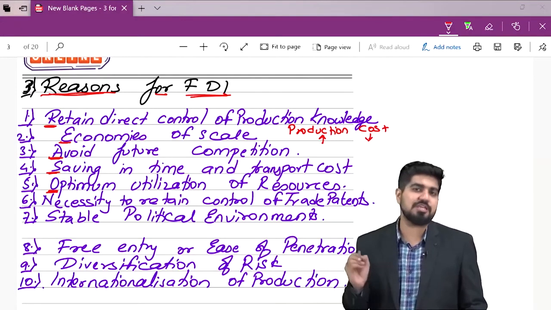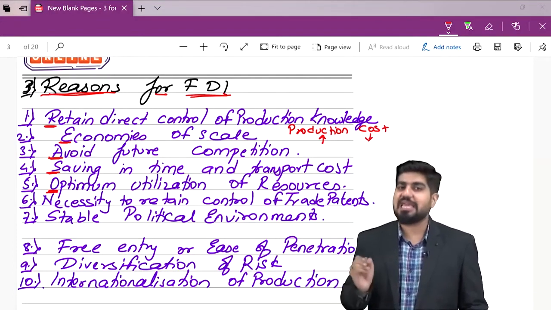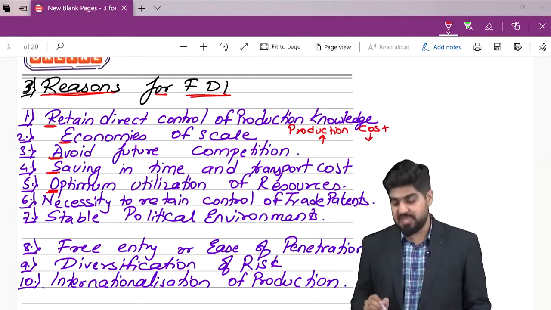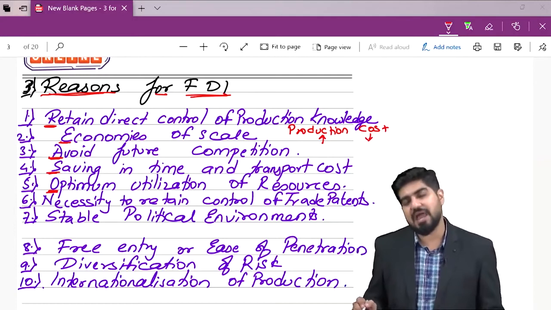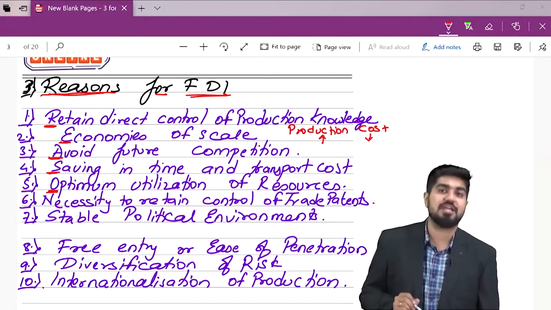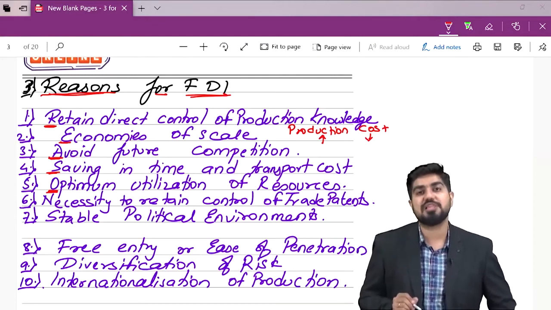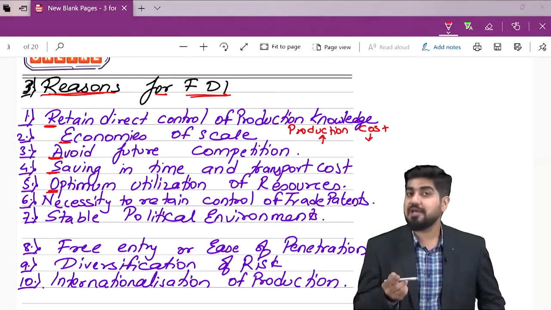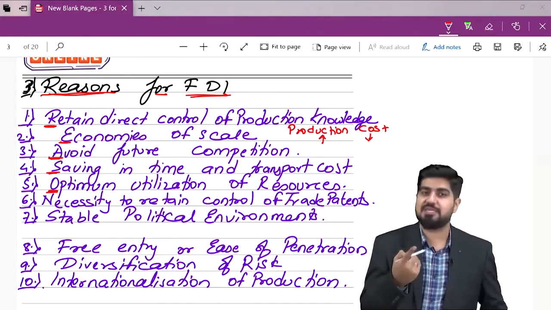E stands for economies of scale. A stands for avoid future competition. S stands for saving in time and transport cost. And right now we have understood O, which stands for optimum utilization of resources. I hope, students, you are revising along with me.